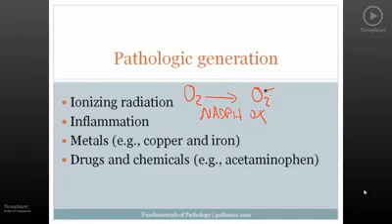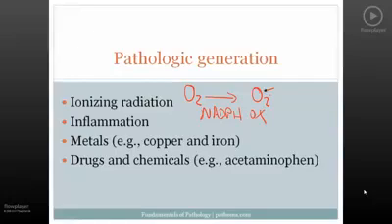NADPH oxidase takes oxygen and converts it to superoxide. And so that's the very first step. And superoxide will very quickly be converted by superoxide dismutase to hydrogen peroxide. And then hydrogen peroxide is converted by myeloperoxidase to form bleach, or HOCl. But we'll discuss the additional reactions later when we do our section on inflammation.